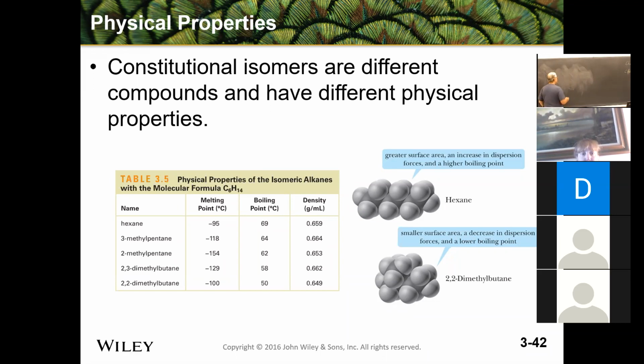With something like 2,2-dimethylbutane, as these approach each other in the liquid or the solid phase, you can see that there's a lot less surface area in contact, and so there's a lot less London dispersion interaction. So that has the effect of lowering the boiling point.